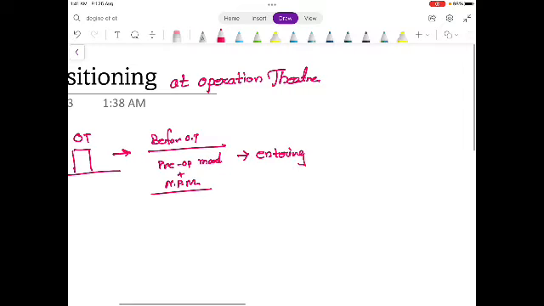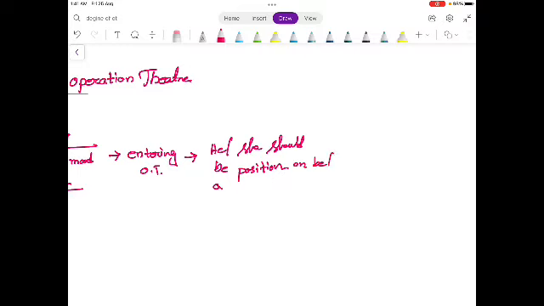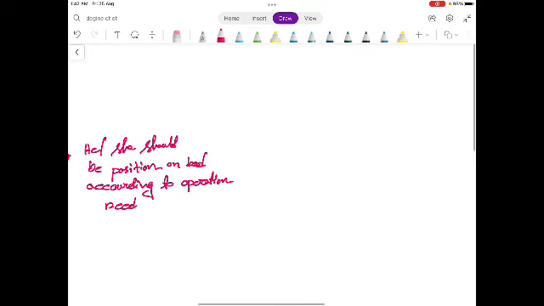So after entering OT, he or she should be positioned on bed according to operation need. Why?